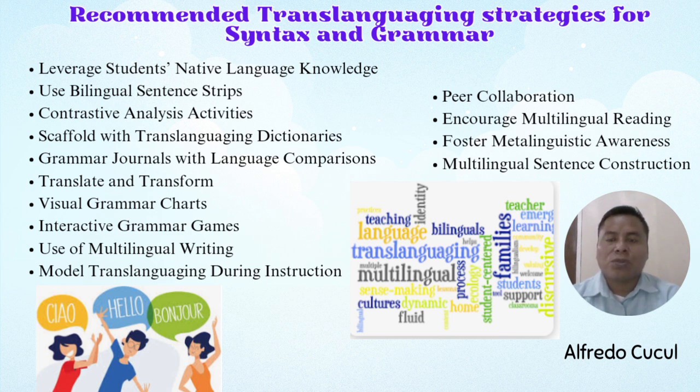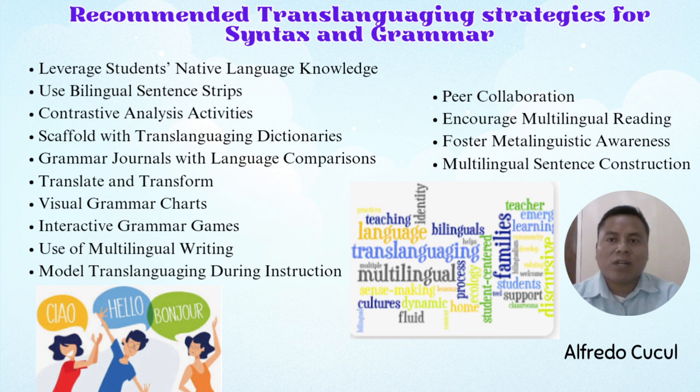We can also foster metalinguistic awareness, meaning that we can discuss how grammar works in different languages to build deeper understanding. For example, we can talk about how verb conjugations change meaning in both languages. And last but not the least, we can use multilingual sentence construction, whereby students build sentences using words from different languages, focusing on grammar accuracy.